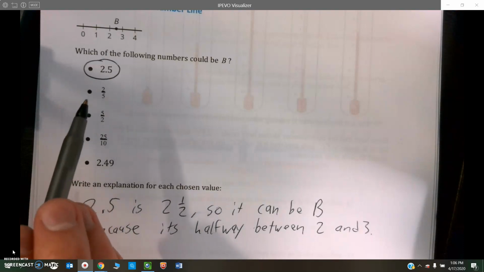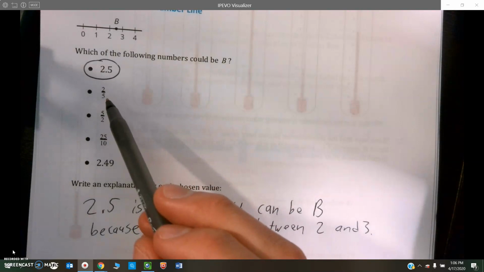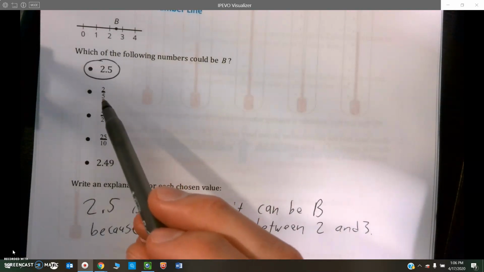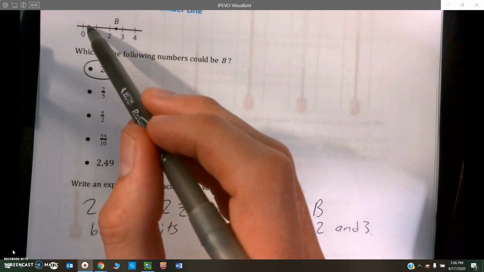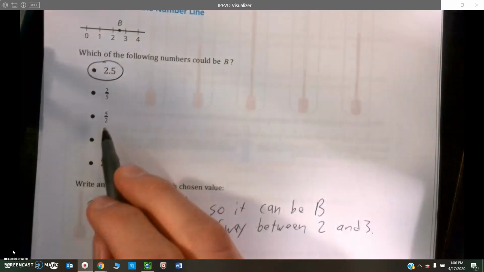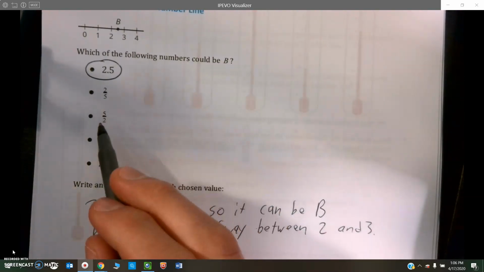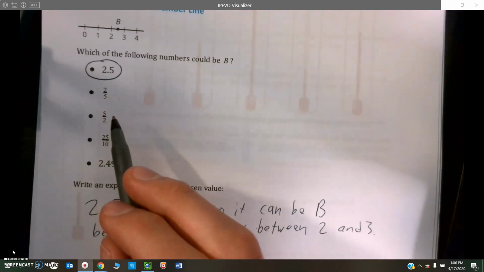2/5: anytime you have a normal fraction where the numerator is less than the denominator, you know that number is less than 1. So 2/5 would be somewhere over here, so I know that's not correct. 5/2 is a fraction as well, but this is an improper fraction.